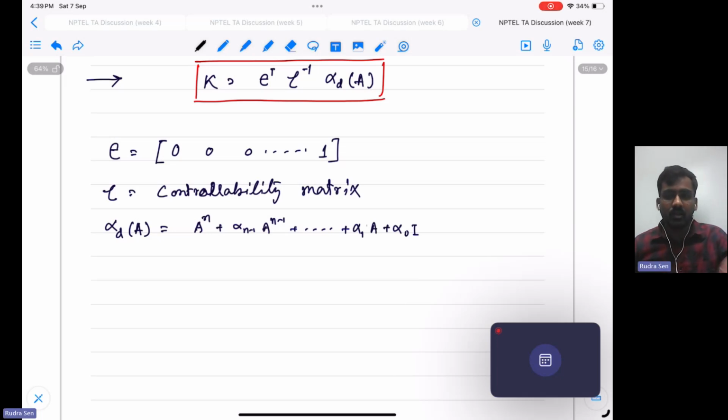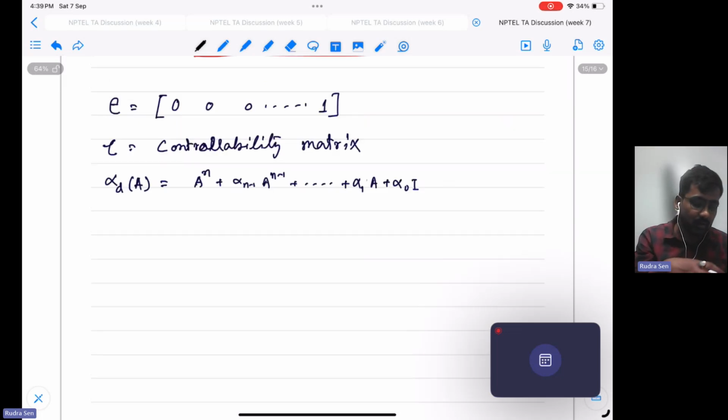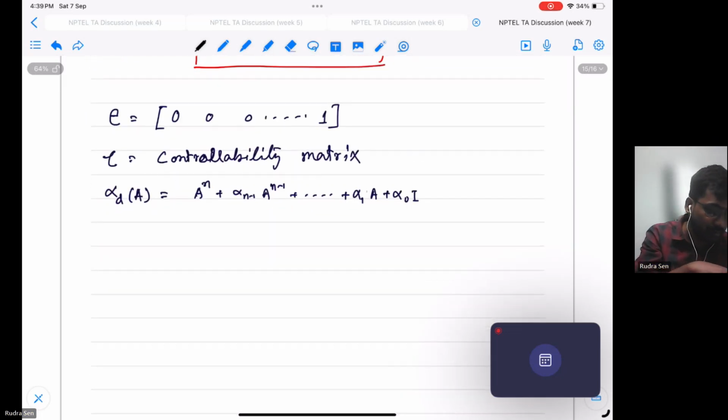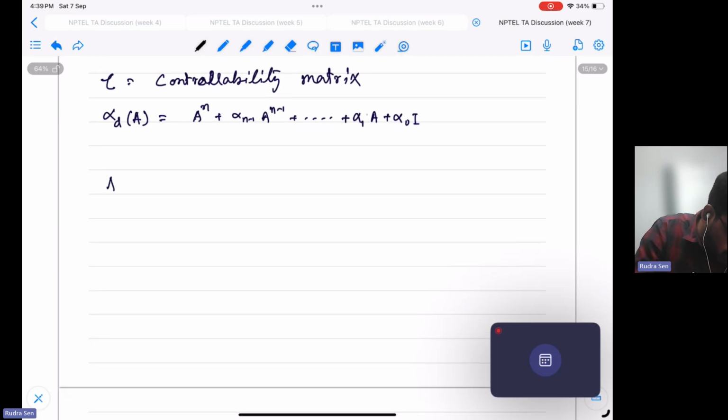That's why the characteristic equation is basically about the closed loop system poles. Okay, so in our case, what is A?